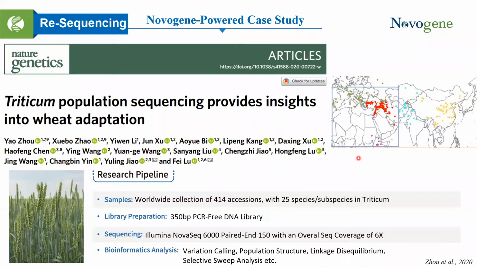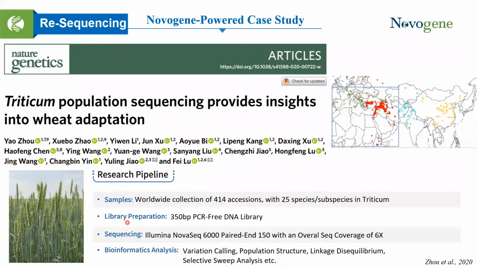In this paper, the scientific researchers from the Chinese Academy of Sciences conducted the whole genome sequencing of wheat species. We summarized the research pipeline of this paper here. So in sampling, they collected 414 wheat accessions worldwide with 25 species or subspecies in wheat.